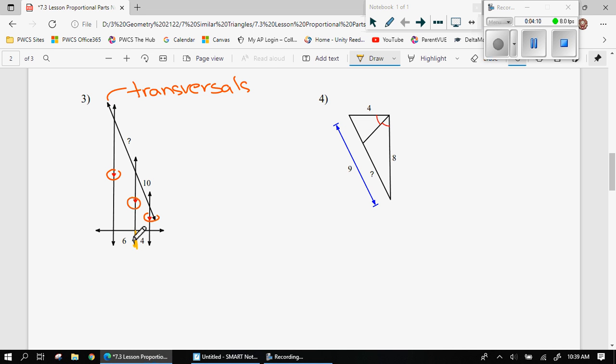I have this line in the middle, and these two pieces can be written as a fraction. So I just got to make sure that the tops of my fractions sort of come from the same side of this line. So I can write this fraction 6 over 4, and this fraction question mark over 10. So both of the tops of both of these fractions came from the left side of this middle parallel line.